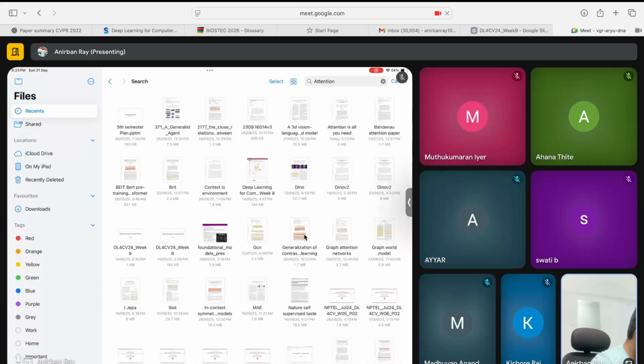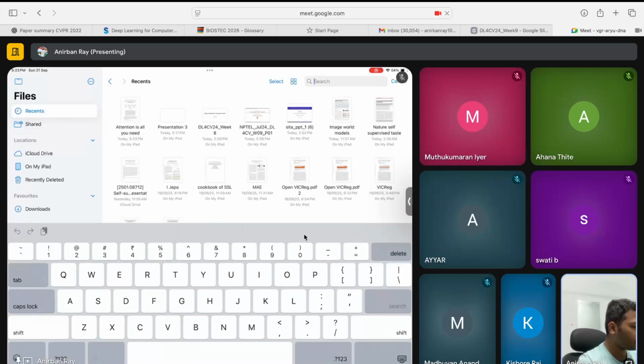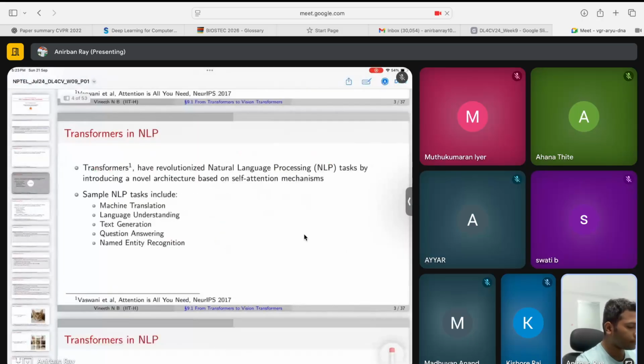I think week 8. Actually, week 9. This is the one, no? So attention serves various purposes, and you can learn machine translation, language understanding, and these sorts of things.